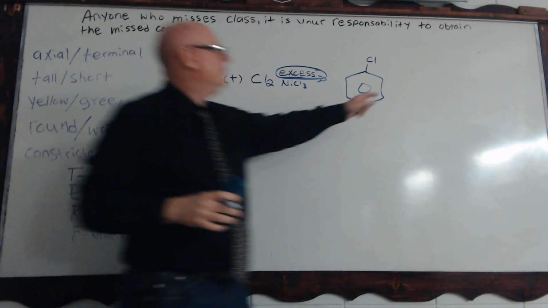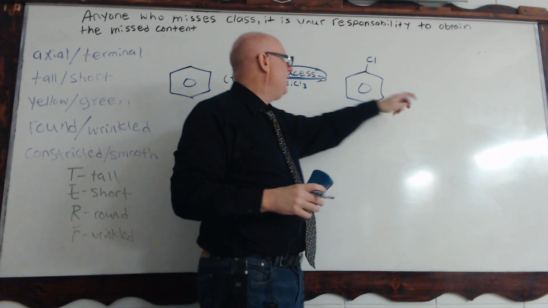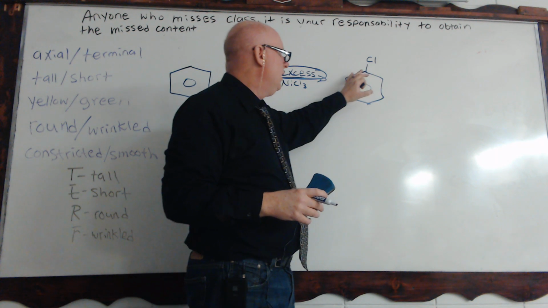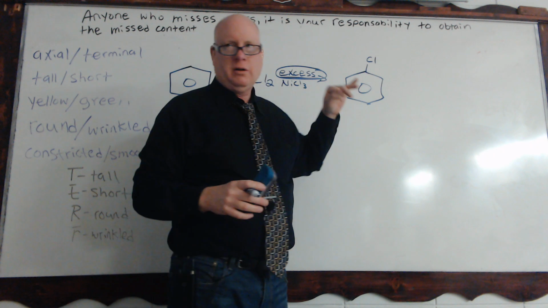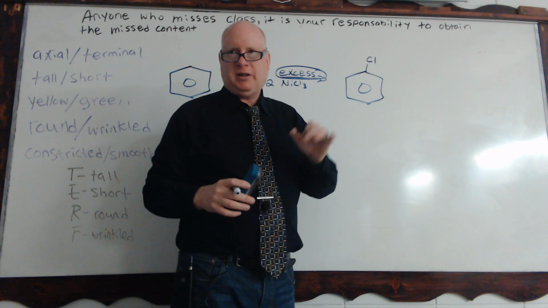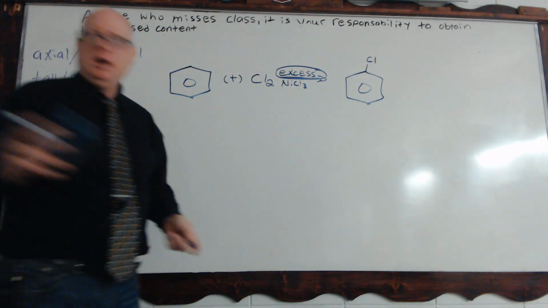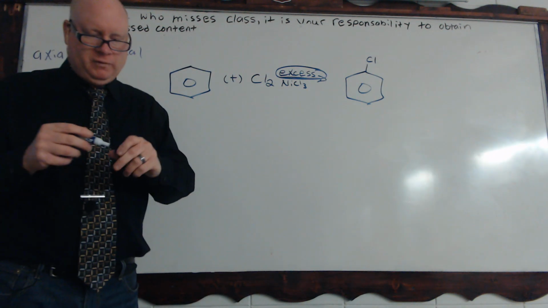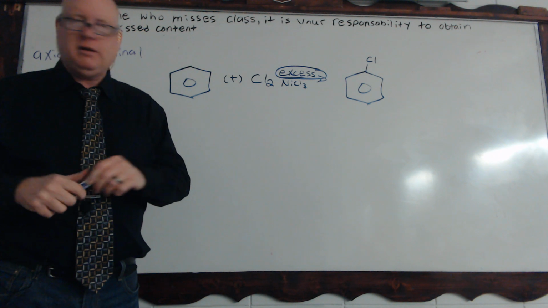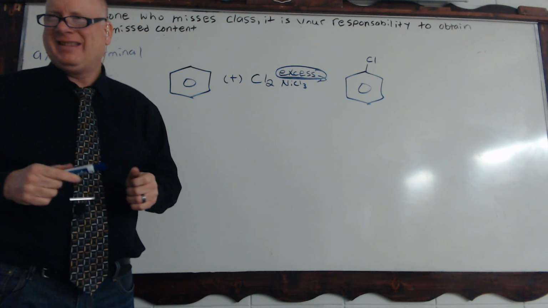Yes, you could, but what we're talking about here, when this is in excess, you're going to start adding more chlorines on this ring. But it has to be done in a specific manner, just because this is in excess. But we will cover that when we all get back here next week.